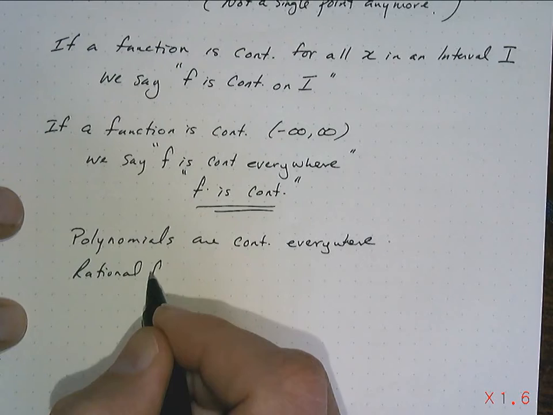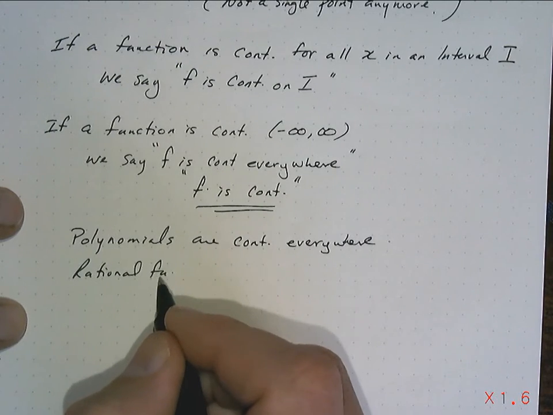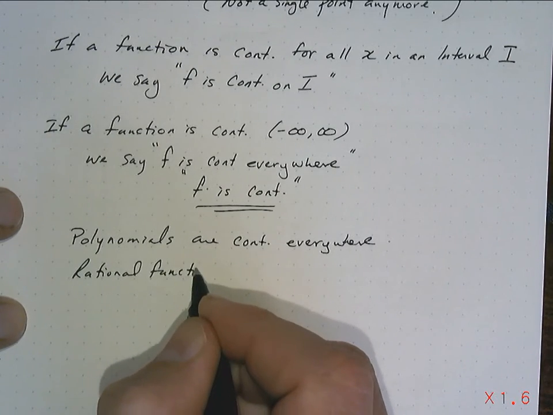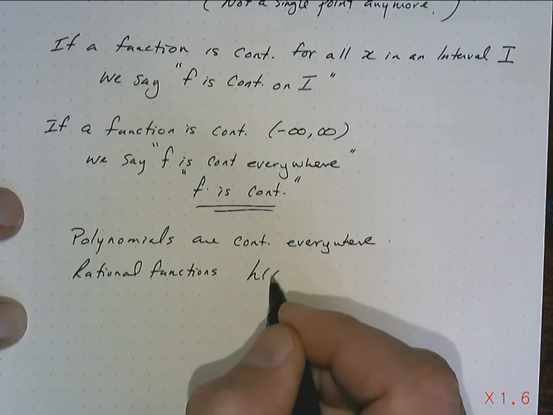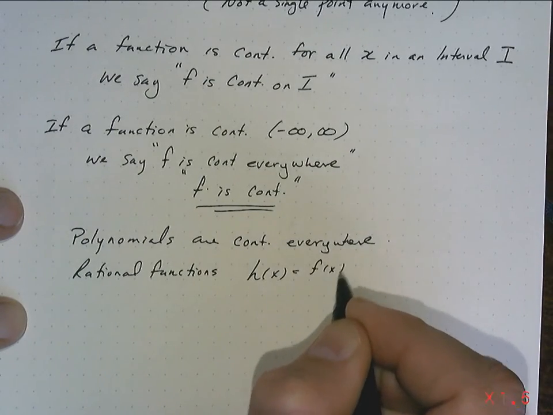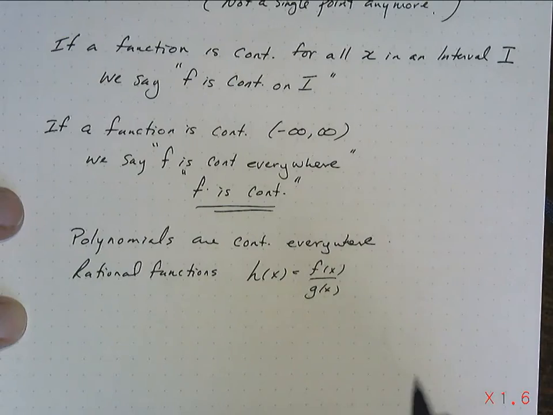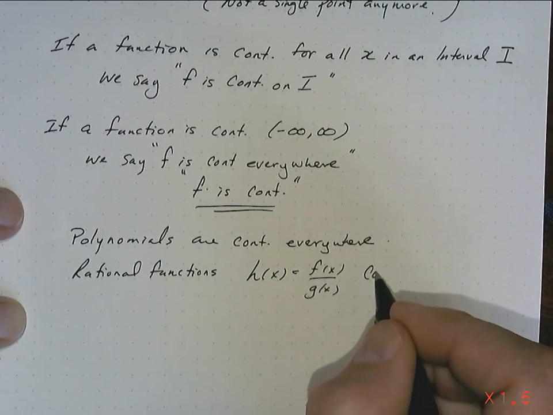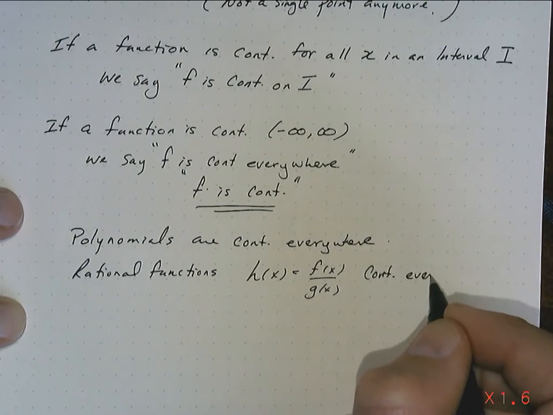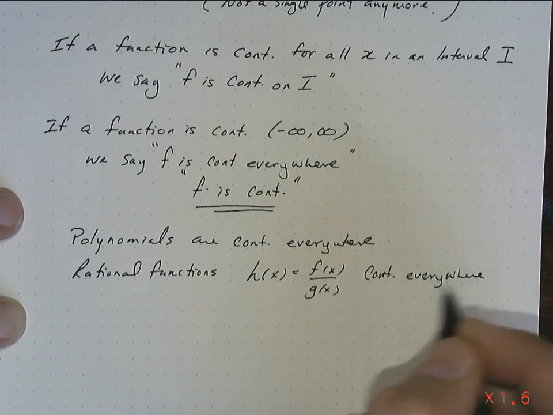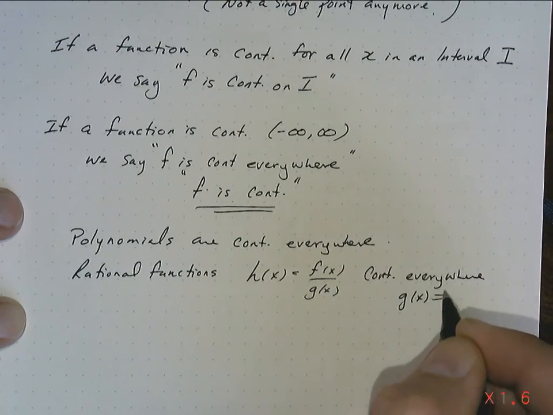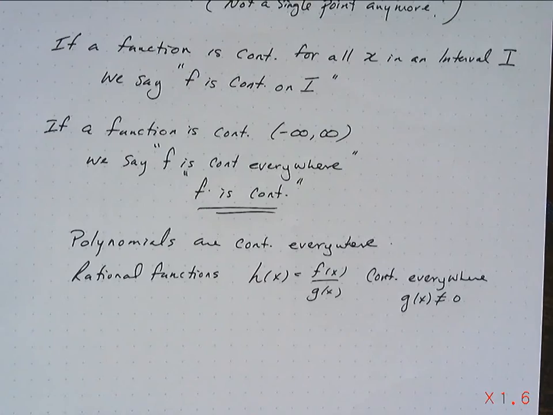Rational functions made up of polynomial functions. So h of x equals f of x over g of x. They're going to be continuous everywhere that g of x does not equal 0. And those are the most important that we're going to talk about.